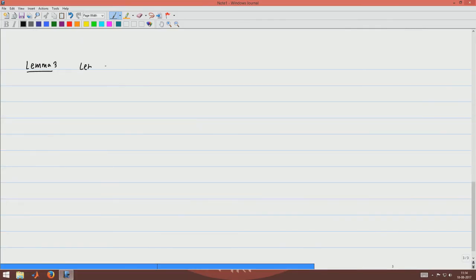Let G be a connected planar simple graph with V vertices, E edges and no triangles.